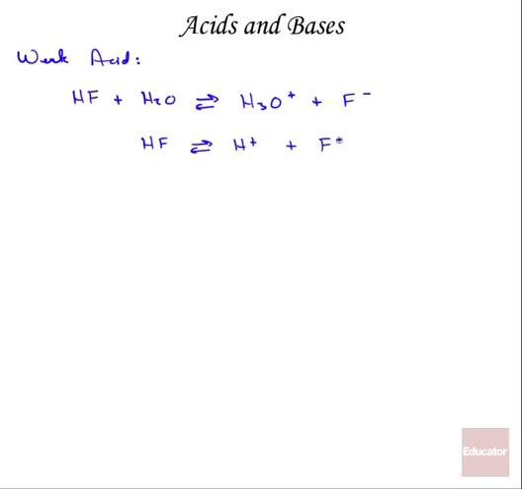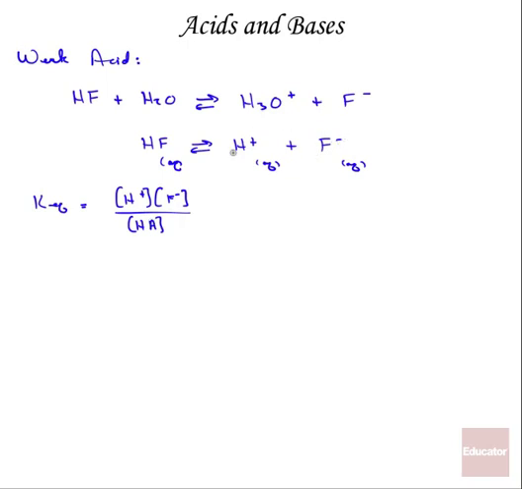So we can write an equilibrium expression for this. By the way, this is aq, and this is aq, and this is aq, so everything shows up in the equilibrium expression. The equilibrium expression for this one is H plus times F minus. Actually, for all weak acids, it's going to be the hydrogen ion concentration times the conjugate base concentration over the concentration in moles per liter of the original acid.